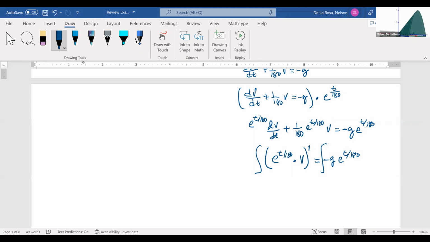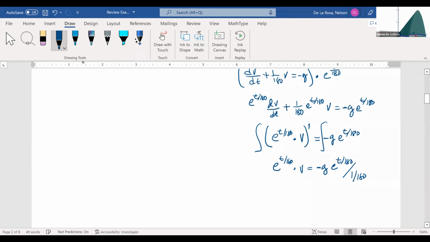And then we simply have e to t over 180 times v equals negative g e to t over 180 divided by 1 over 180.